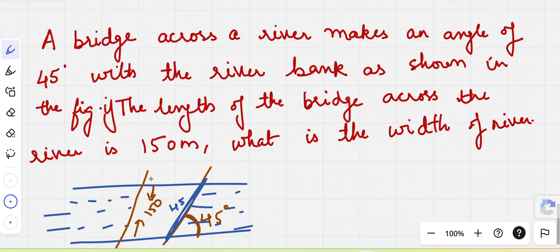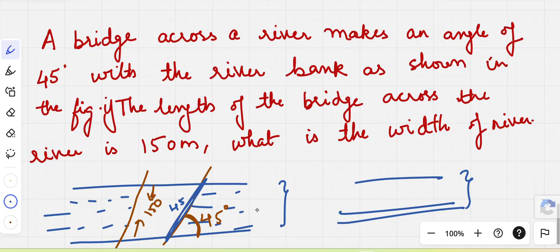Now if we have to find the width of the river, this is the width, right? This is the length of the river and this is the width of the river. So width we have to find. Is the hypotenuse 150? Hypotenuse is 150.